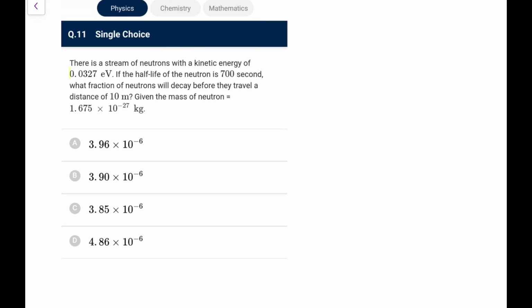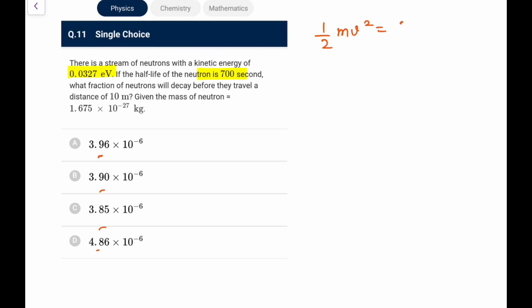Next. There is a stream of neutrons with a kinetic energy of 0.0327 eV. If the half-life of the neutron is 700 seconds, what fraction of neutrons will decay before they travel a distance of 10 meter? This question came yesterday, and I told that this is a very wrong notion to give such close options, because the calculation is not going to be that easy. Simply, the kinetic energy is half mv square.